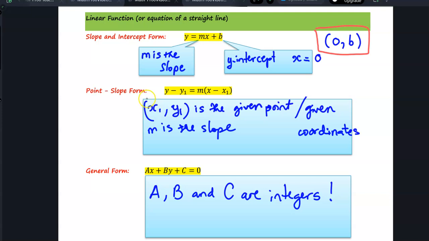Slope-intercept form, point slope form, and general form. So this point slope form will allow you to transform an equation from this form to the general form. But from general form, you can manipulate it, solve for y, so you can pull out the slope and the y-intercept. Alright? Okay. Thank you.